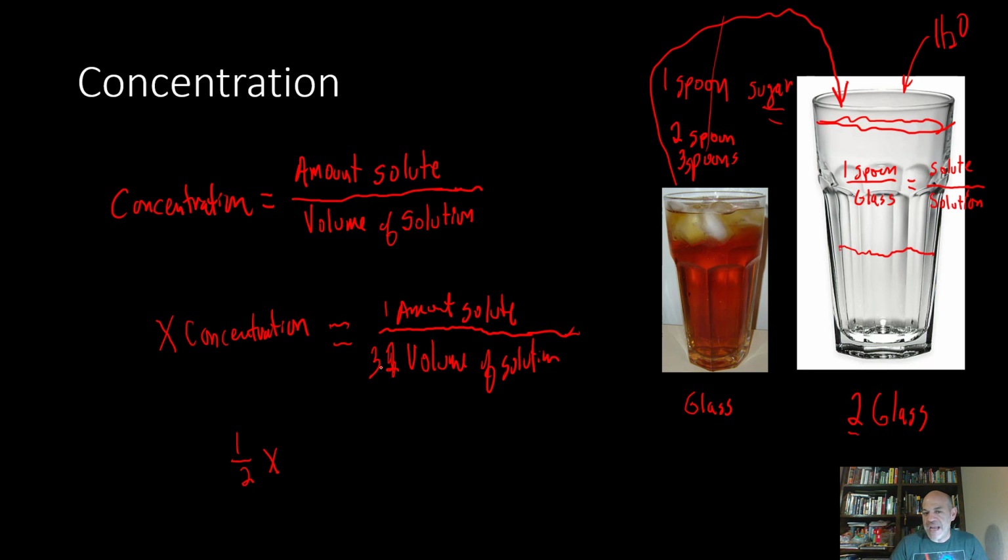Well, what's happening is you're diluting it, and if we were to triple the volume and put it in a glass 3 times bigger, then it would be 1 on top, but on the bottom would be 3, and so now our answer would be 1/3 of what the original concentration would be. Okay, I do ask types of questions like that from time to time just to check to see if generally we understand what happens to solutions when we either add more solute or add more volume to them.